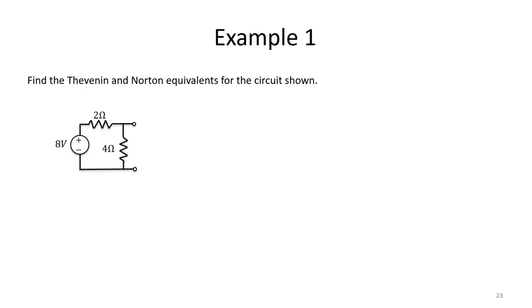In this case, let's think about how we would approach this question. Remember, our first step is to find VOC, our open circuit voltage. Then we turn off independent sources.